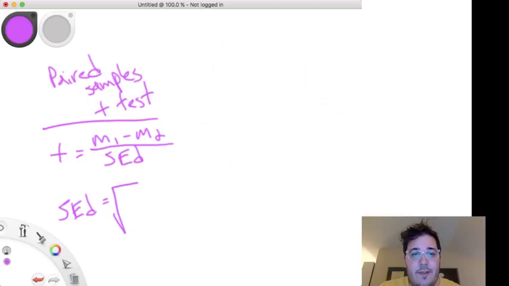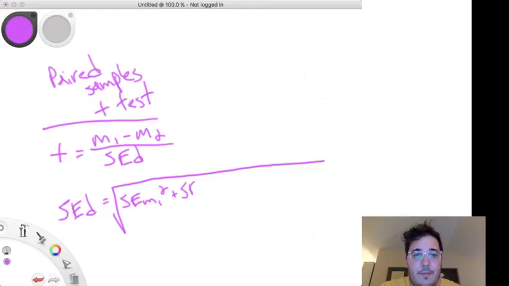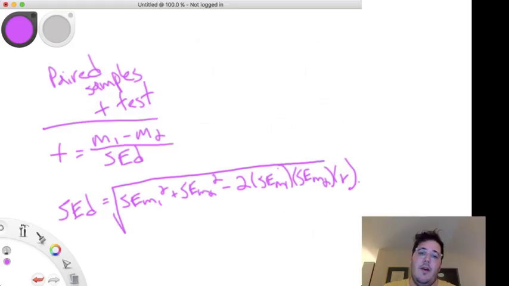So the standard error of difference equals the square root of SEM1 squared plus SEM2 squared minus 2 times r times SEM1 times SEM2. Here, the first half is what you have from regular independent samples t-test, and the other half is what's new.